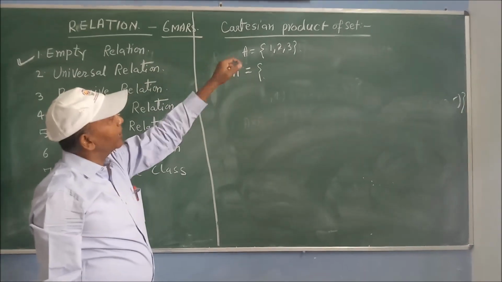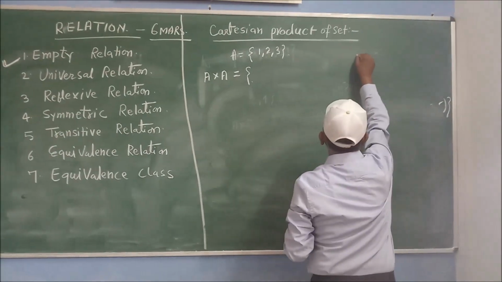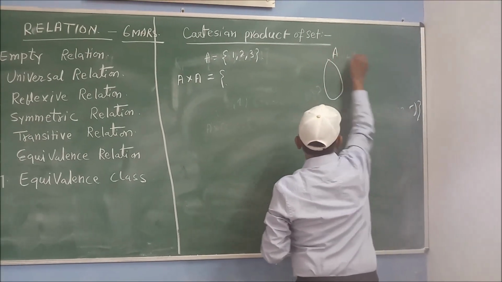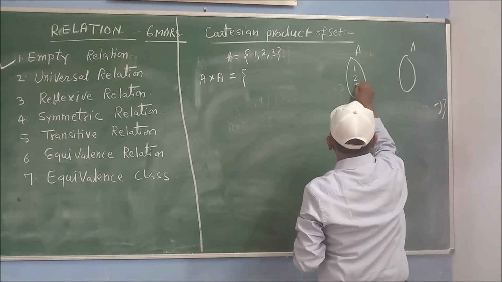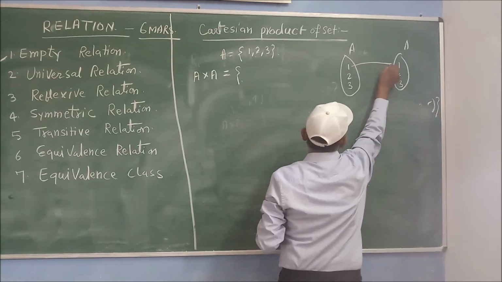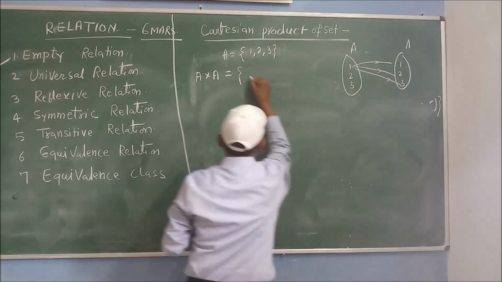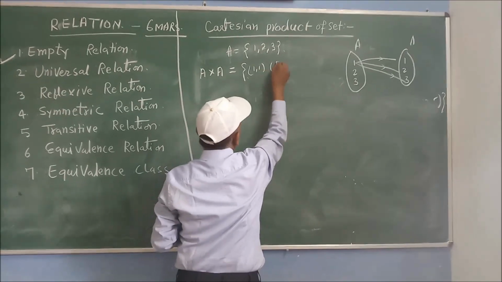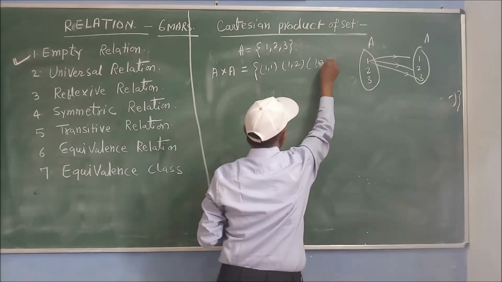What will be the relation of each element of A with A? Suppose I have prepared here set A, and here is also set A, and A's elements are 1, 2, 3 in both. First element of A is related to all elements of A, so your elements will be (1,1), (1,2), (1,3).